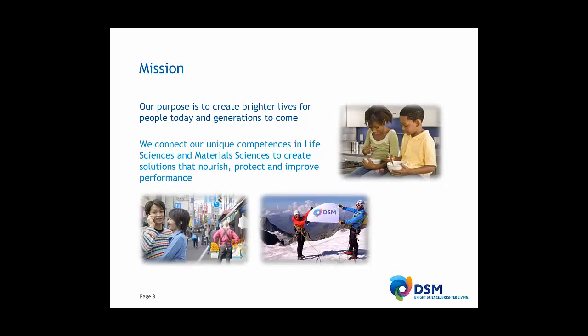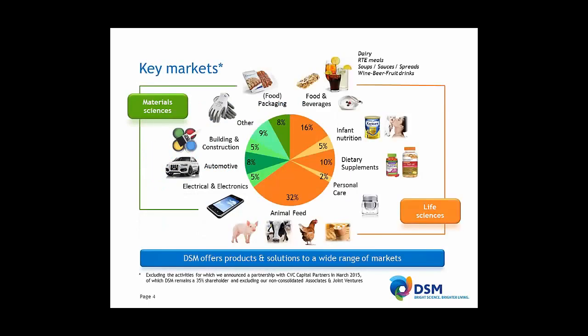Well, actually, the results from this year just came in, and they are quite nice. We play in all sorts of markets. These are several of the markets that we are currently active in. So you can see the material science side, but also the food side and animal feed as well.